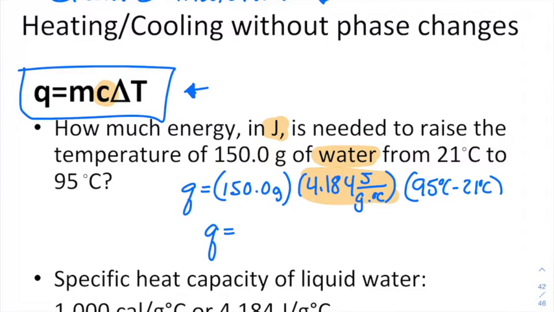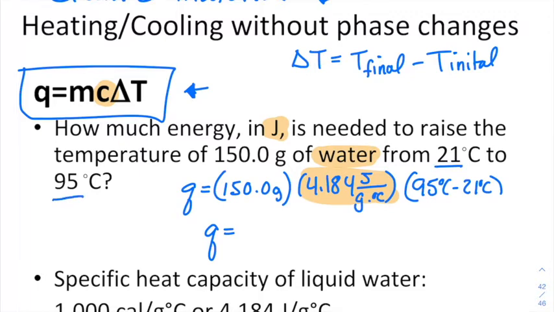So I see a question that says T2 minus T1, and I think that's about our temperature. So change in temperature is T final minus T initial. And since here we went from 21 to 95, that's how we get that 95 degrees Celsius as the final, 21 degrees Celsius as initial.